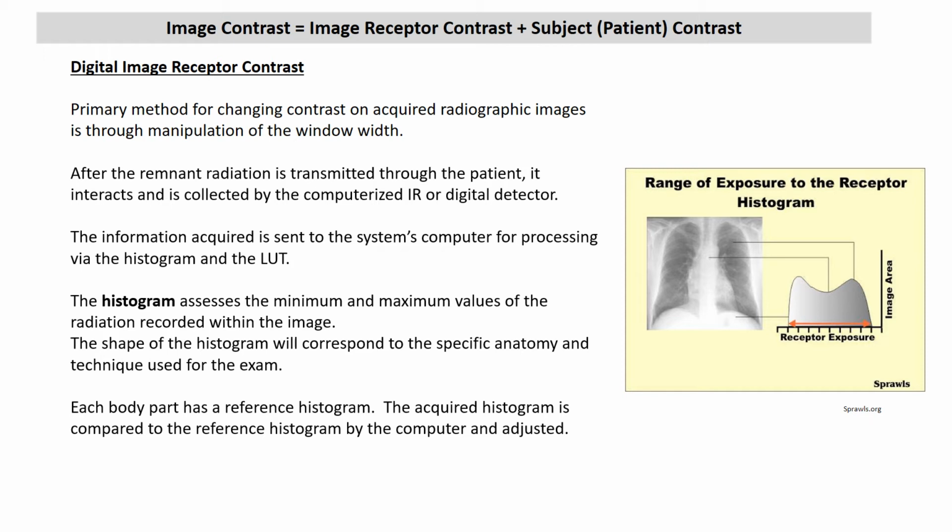So you've got this reference histogram, and the computer is waiting. It's saying, okay, I've got a histogram here for a foot. This is basically what it should look like. You take the image. You create another histogram. The computer then looks at the reference histogram based on what you selected when you started the exam and the new histogram that has been created when you took the image, and it's going to compare the two.